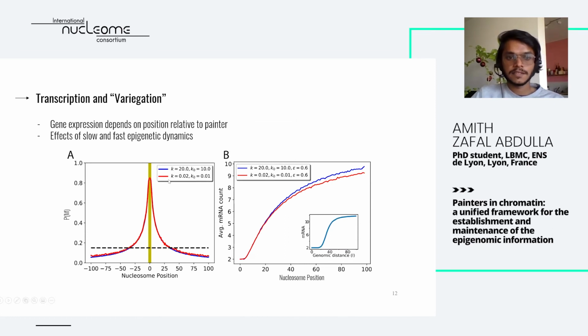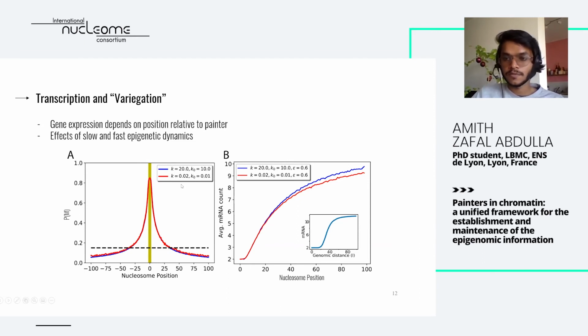So now let's look at how gene expression depends on the position, how we can capture variegation with this model. Here I have a profile similar to the one we have seen. There are two profiles here, red and blue. The difference is that for blue, the process is very fast compared to the transcription, and for red, it's very slow.